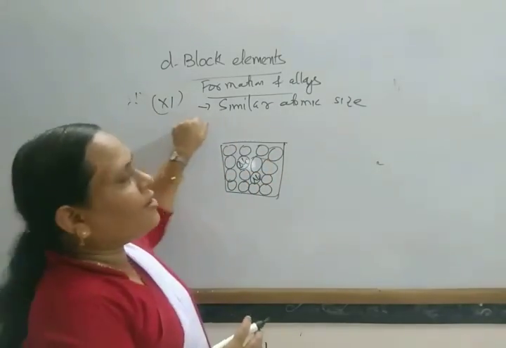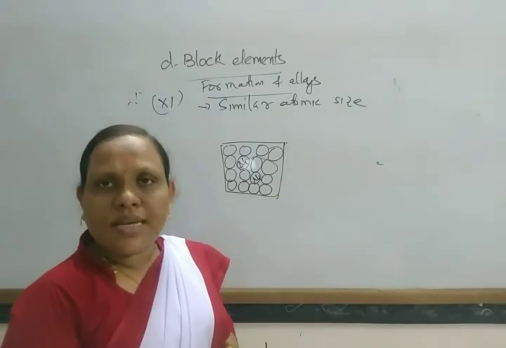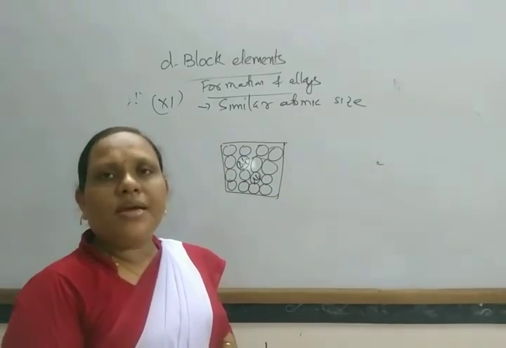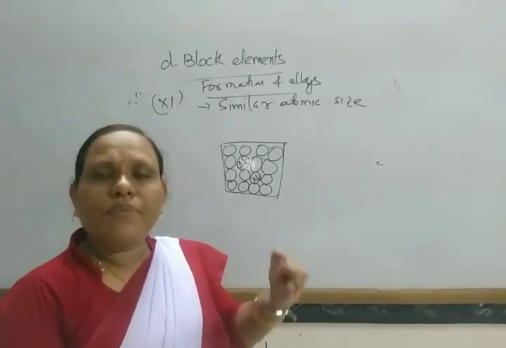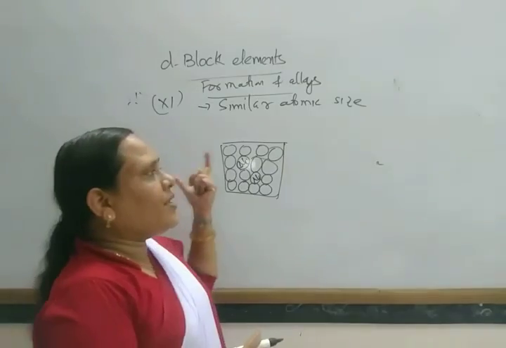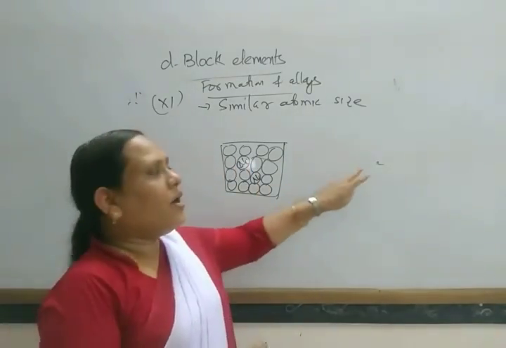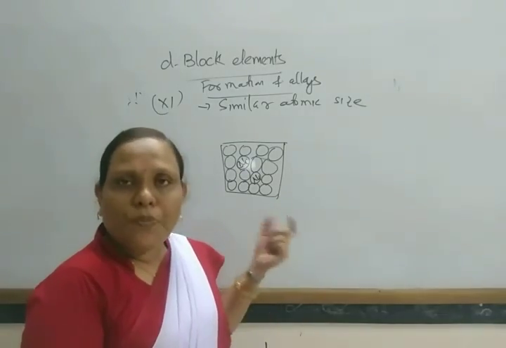So they can form alloys, and these alloys are of two types, that is, ferrous alloy and non-ferrous alloy. In ferrous alloy, if iron is one of the components, that is known as ferrous alloy, and if iron is not a constituent of the alloy, that is known as non-ferrous alloy.